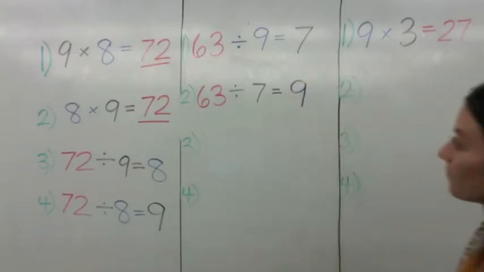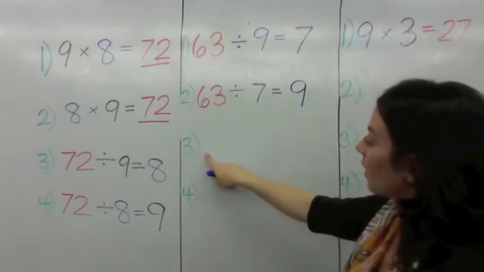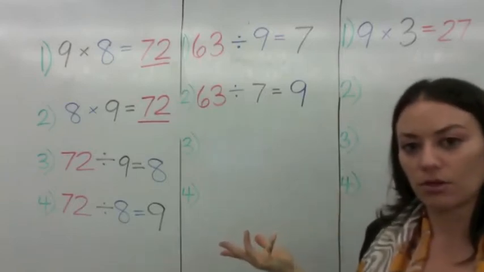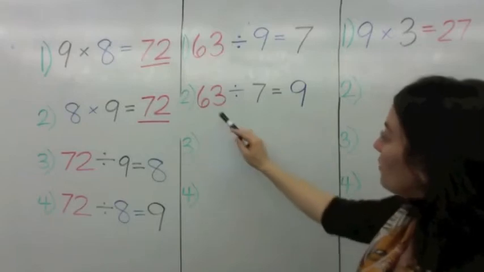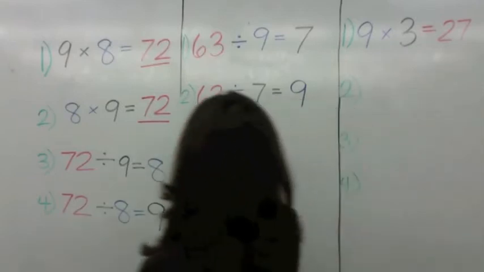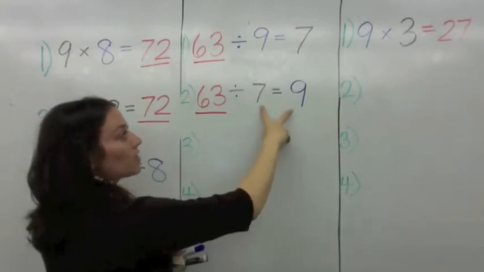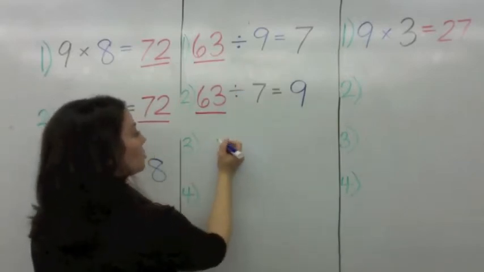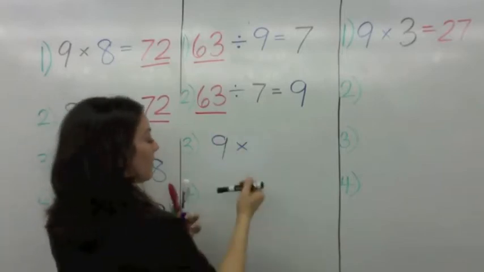All right. Okay, now for number 3 and number 4, you have 2 division problems. So what do you need now? Do you need multiplication problems? Yes. All right. So 63 is going to be the answer to the multiplication problem, all right? So these 2 numbers are going to be what you multiply. So let's go ahead and start with 9 times 7.